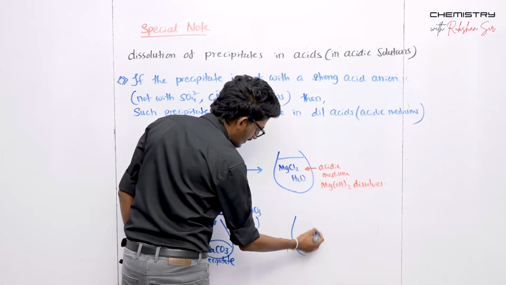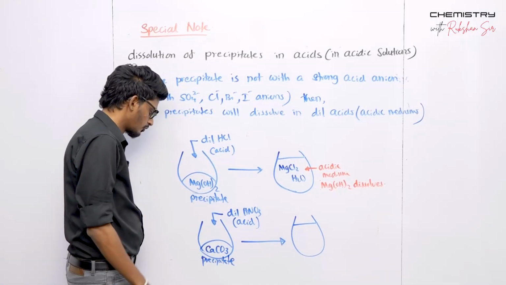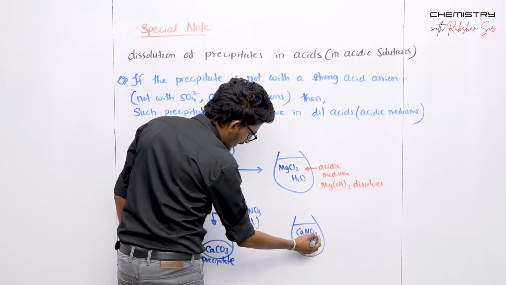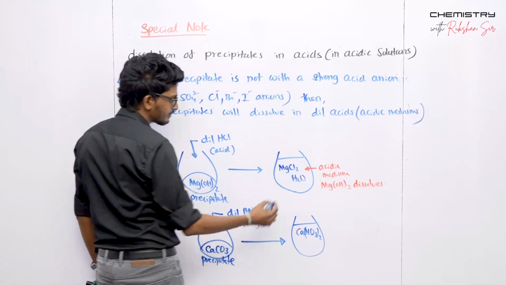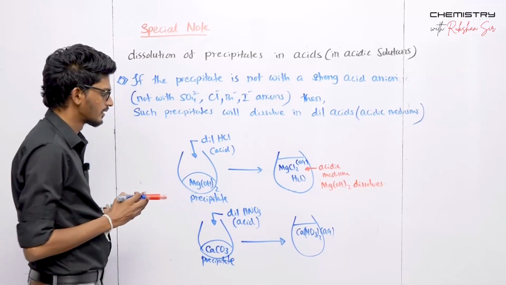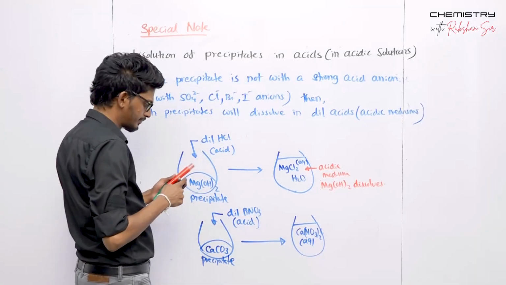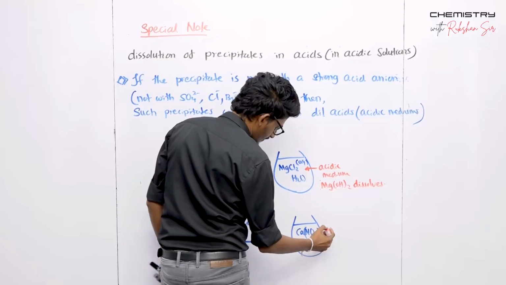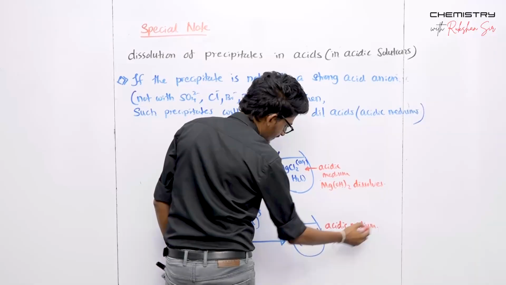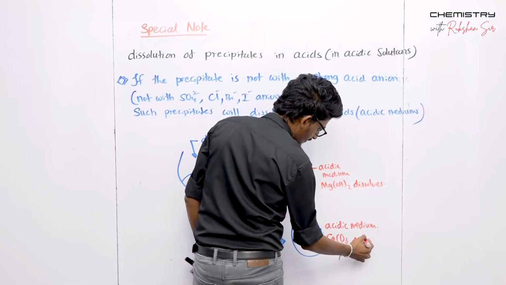The calcium carbonate will dissolve, forming what? Salt. Calcium nitrate. It will dissolve forming calcium nitrate aqueous solution. That's it. So you have acidic medium, and the calcium carbonate dissolves.